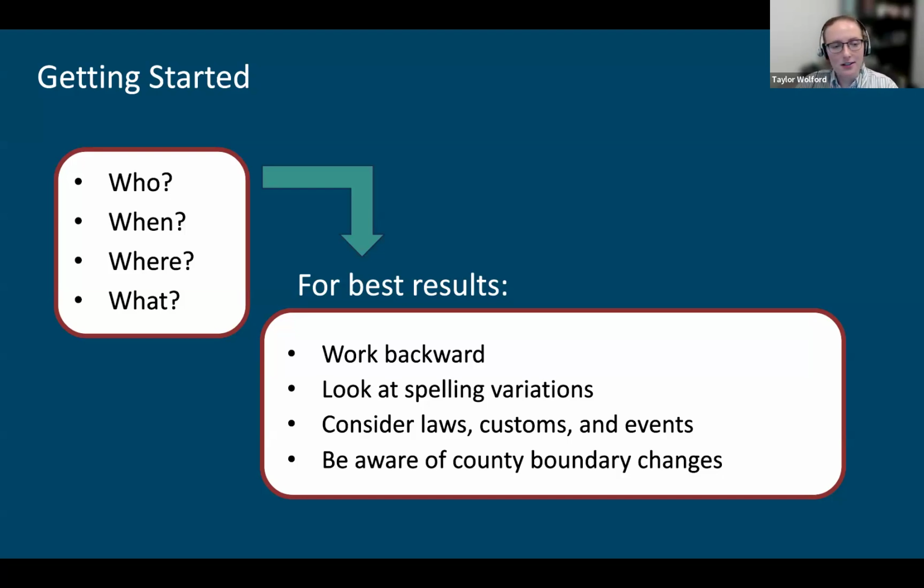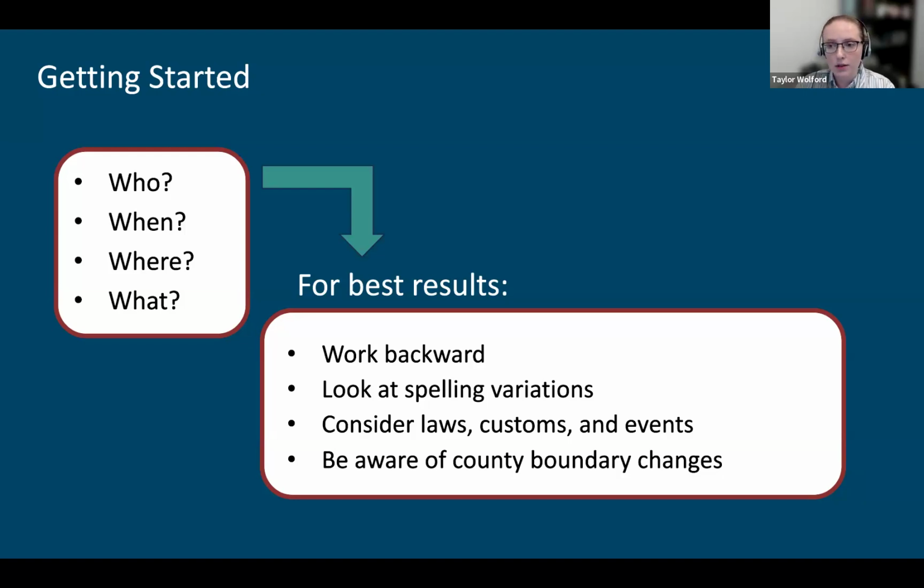There are four main questions you can start with. Basically, when you're researching, who are you researching? What time period? Where are they located? I would say geographic location, I can't emphasize enough, is very important because people are often registered for the counties that they live in, and that can give you a whole host of information and records to search through.